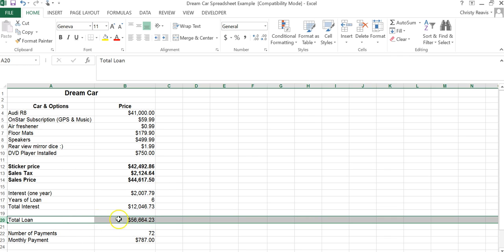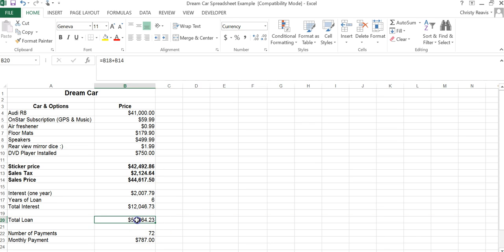So if we get this loan for 6 years, we'll be making 72 payments total. So we can take our total loan, divide by the number of months, and that is where we get our monthly payment. So I hope that helped you understand where all these options come from.